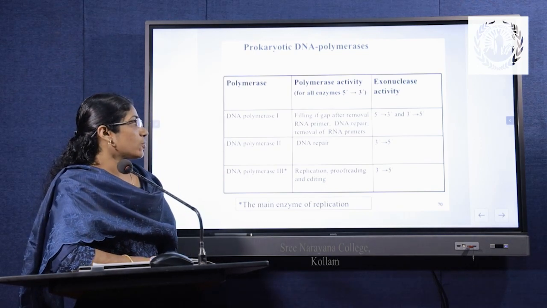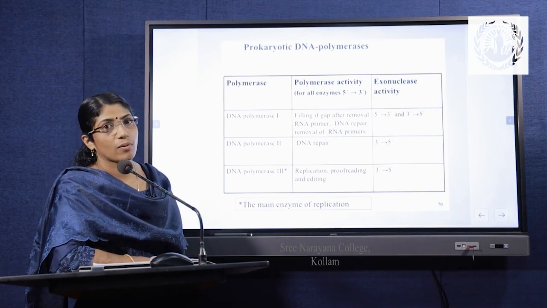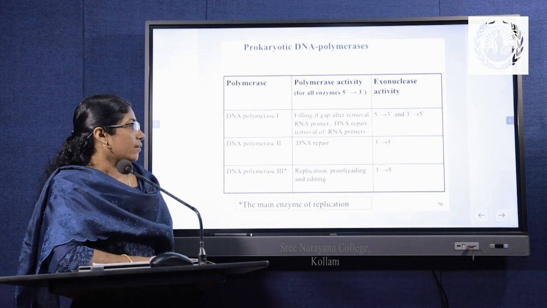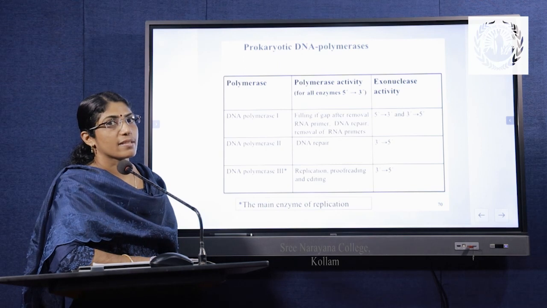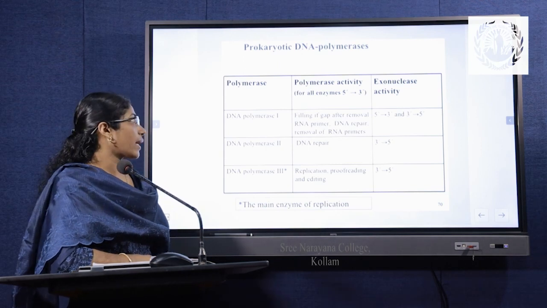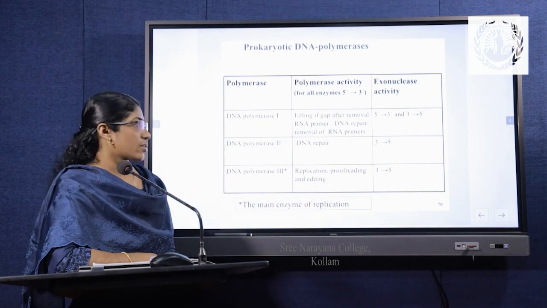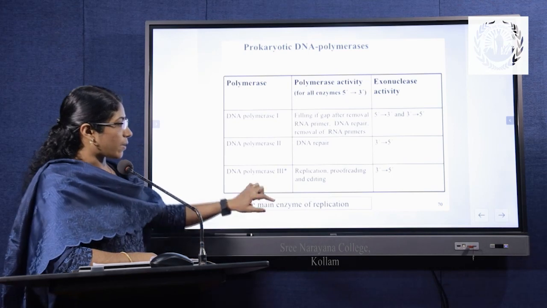Polymerase 2 has a DNA repair function and exonuclease activity only in the 3' to 5' direction. Polymerase 3 is the main enzyme of replication, with proofreading and editing functions, and exonuclease activity in the 3' to 5' direction.